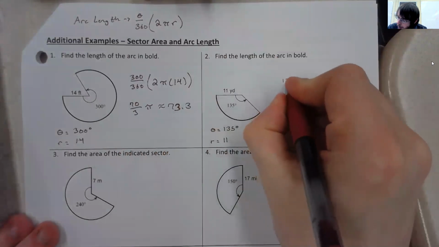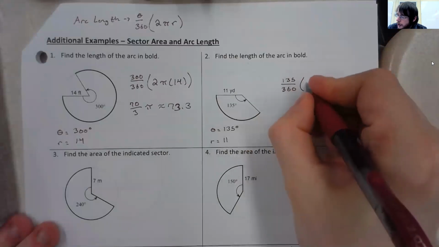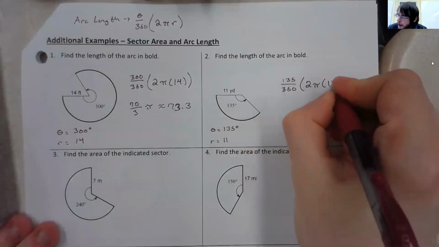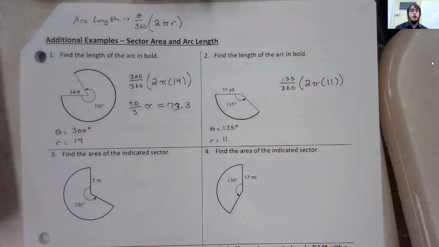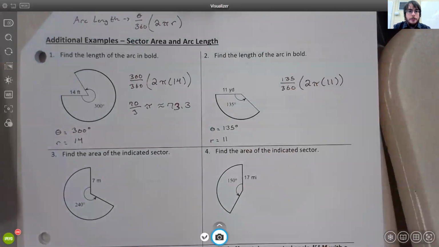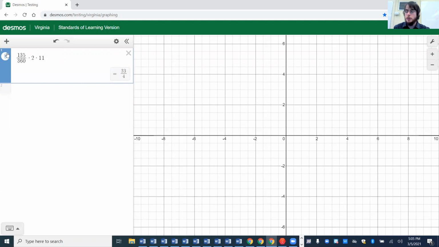So we take 135 over 360, and then in parentheses, we have 2 pi times 11. And now we just go to Desmos, and we're going to get our exact answer and our approximate answer. So we're going to do our exact answer, 135 over 360 times 2 times 11. And that gives us 8.25 as our decimal, which turns into 33 over 4.